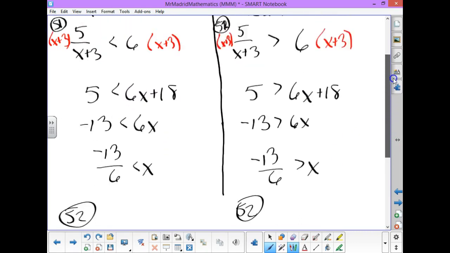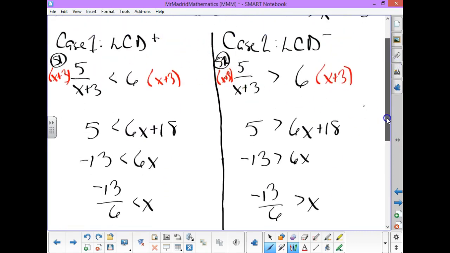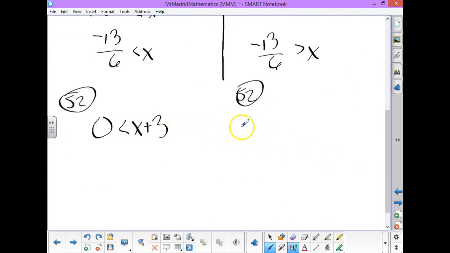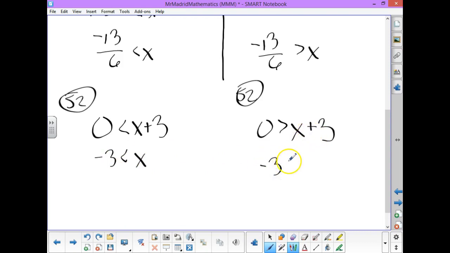Because we've declared that the LCD is positive, we know it's got to be bigger than 0. In this scenario, it's going to be negative, so we know this expression must be less than 0. Subtract 3, and we get x is greater than -3, and here we get x is less than -3.